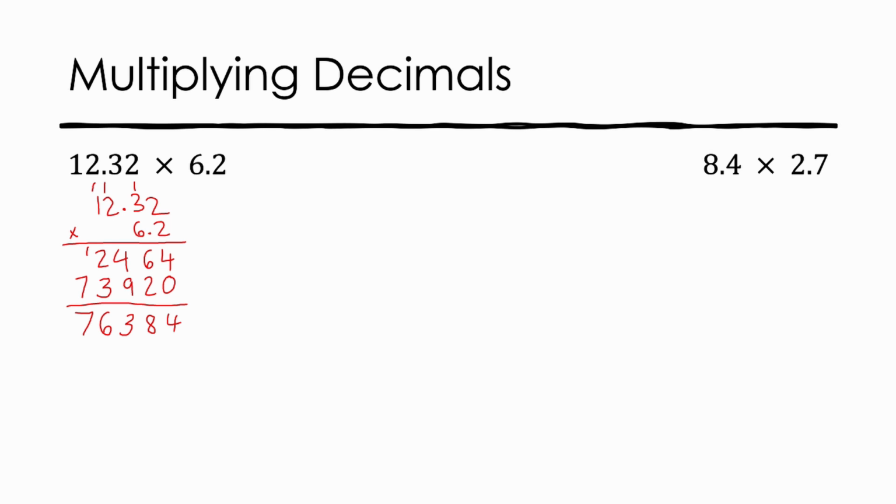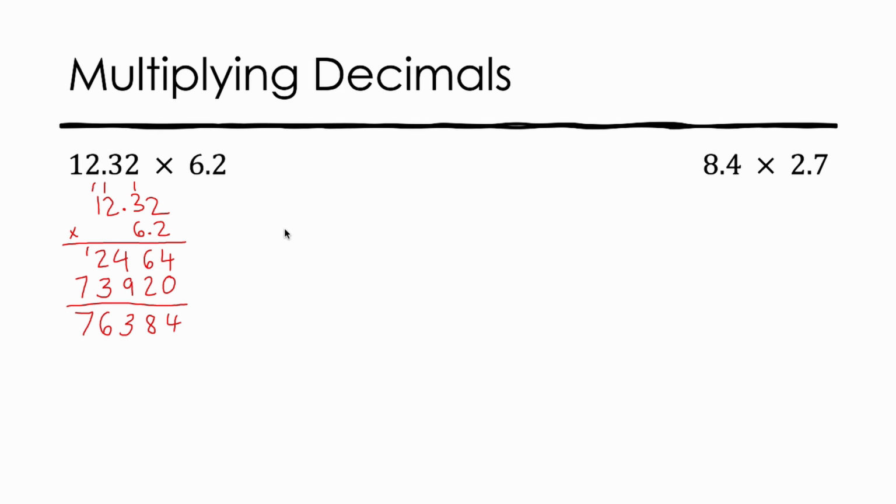It's equal to 72. So we need to add the decimal point. And before I show you how we add the decimal point using that estimate, 12 times 6, I want you to try it out and let me know where you think you would put it in the comments below.